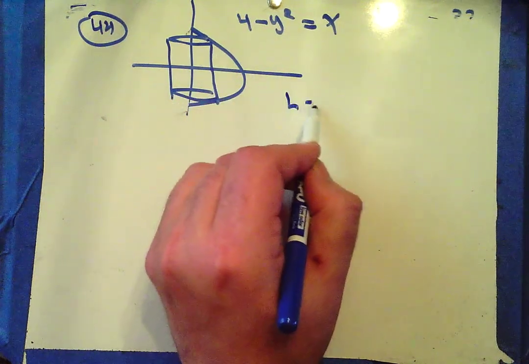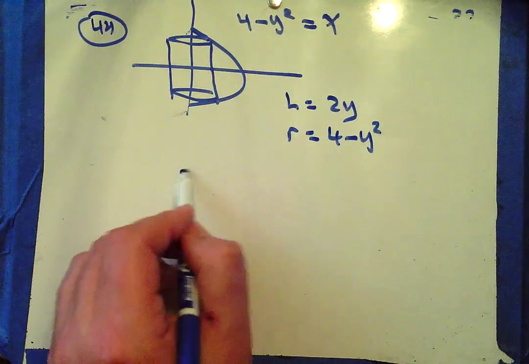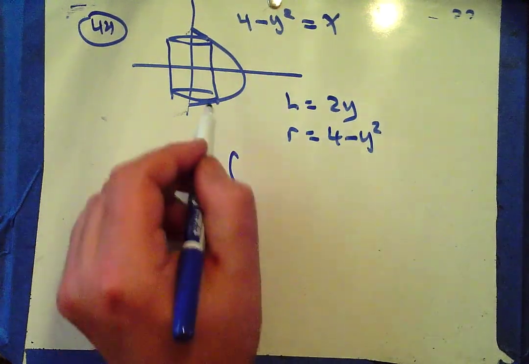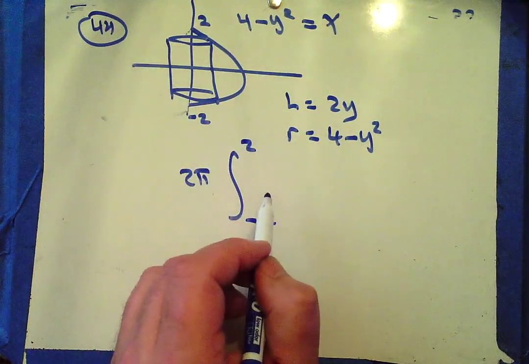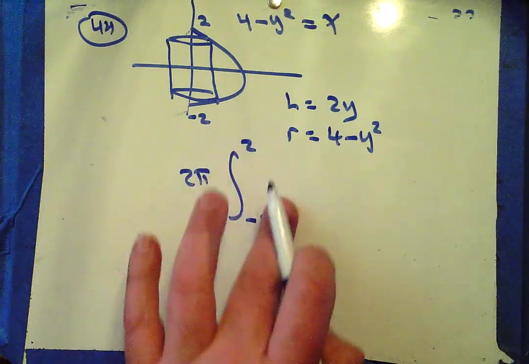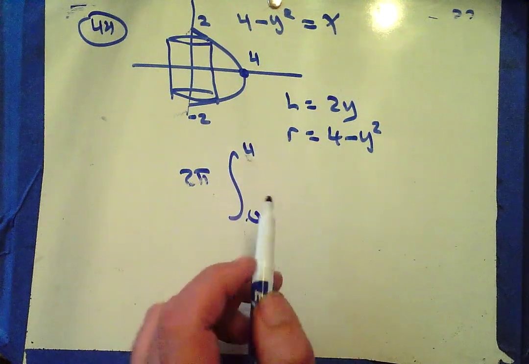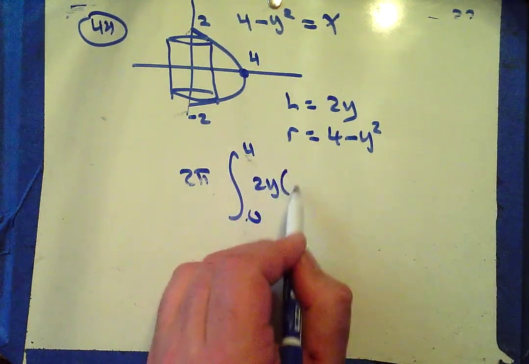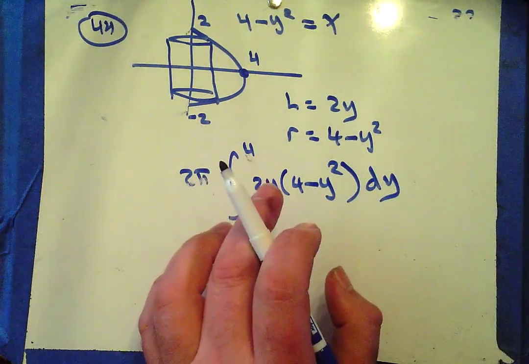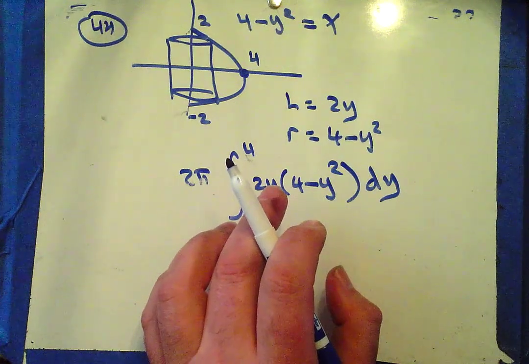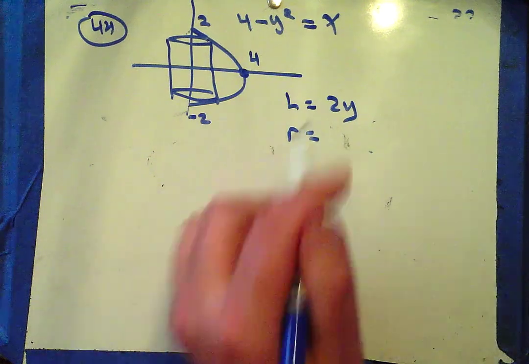So my height is 2y, my radius is 4 minus y squared, 2 pi integral negative to the 2. No, these are dx's. Sorry. This is 4. 0 to 4 of 2y, 4 minus y squared, dy. No, ew. Oh, that's why. 2y. Radius is x. Wake up, Koopa.